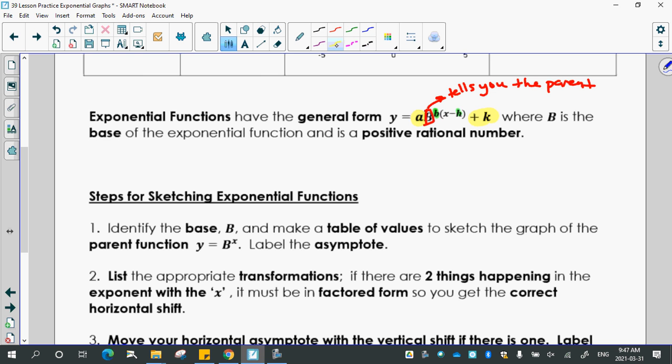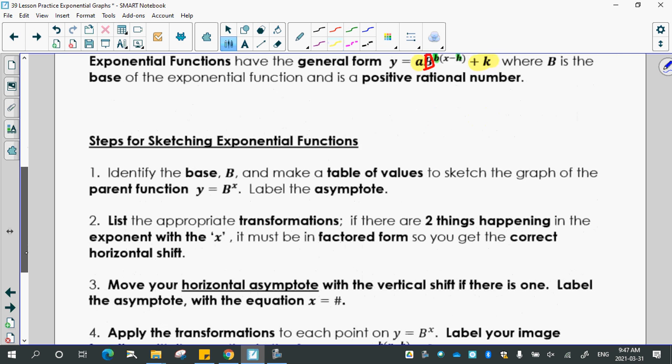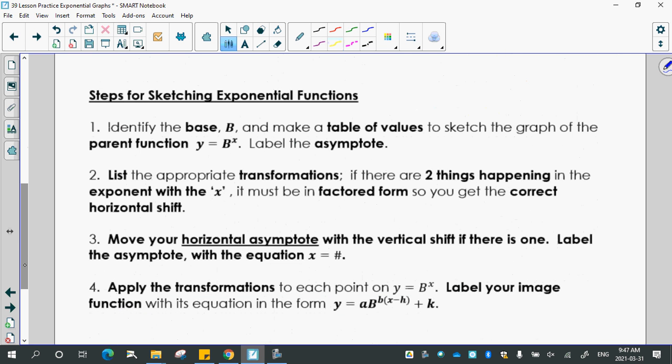So our steps: identify the base and make a table of values to sketch the graph of the parent function, label the asymptote, list the appropriate transformations. Okay, so if there are two things happening in the exponent with the x, you have to put it in factored form in the exponent, okay?